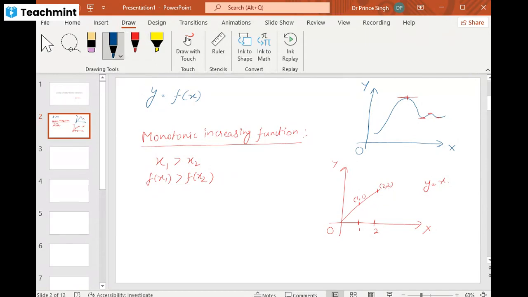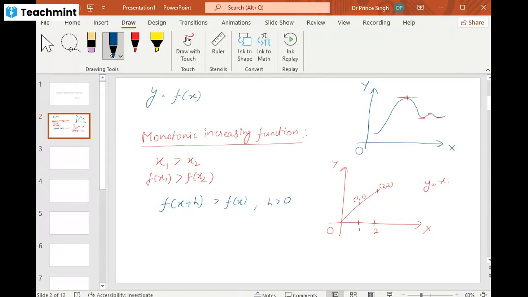So for that, what can we do? If I simply consider the neighborhood of a point, with x1 greater than x2, suppose x1 is x plus h and x2 is x, then f of x plus h is greater than f of x for some h greater than 0, right?